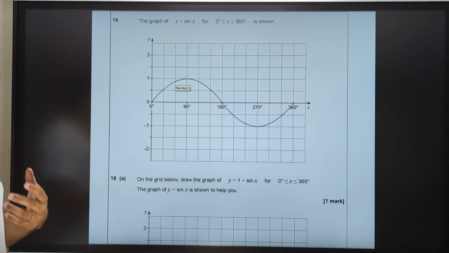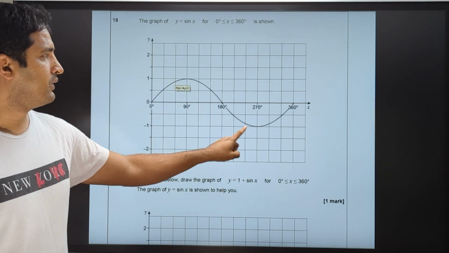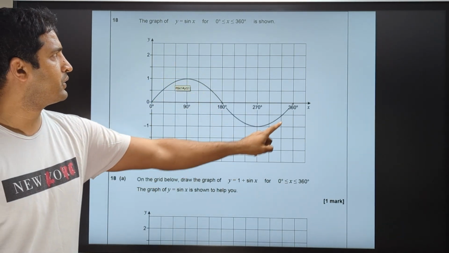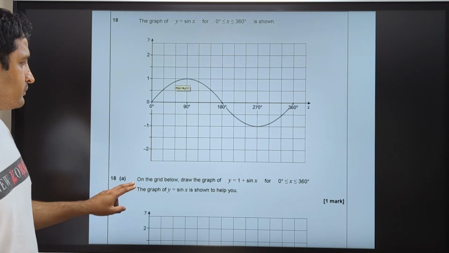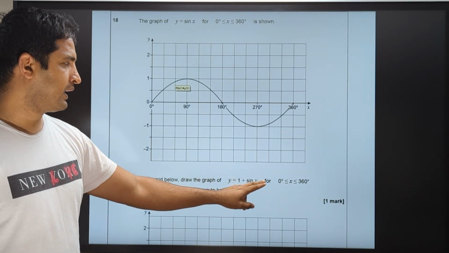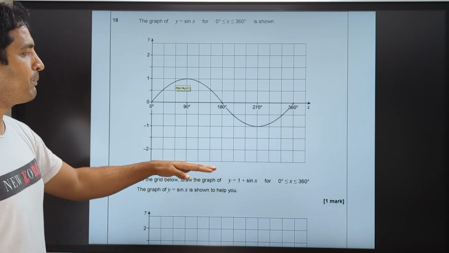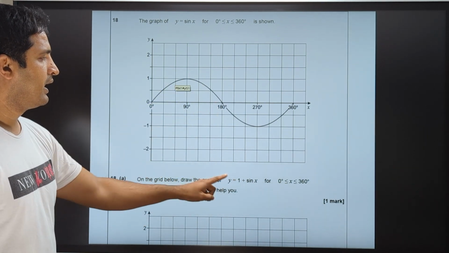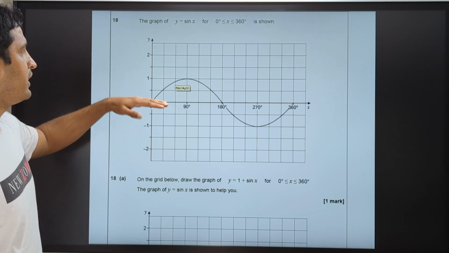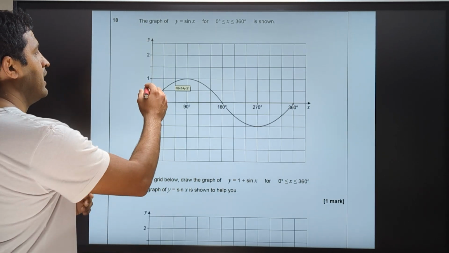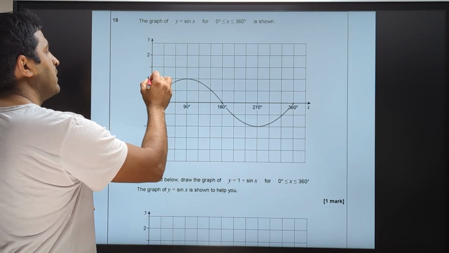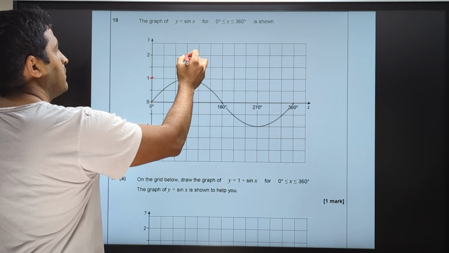Again, another cos and sine graph. This is the sine graph. Remember, it starts from 0 and goes down. 1 plus sine x between 0 and 360 on the grid below. So 1 plus sine x, and the y value would be 1 added to it. So you're just shifting everything 1 up. So where that 0 is, we move that one there. Where that 1 is, we move it to 2.